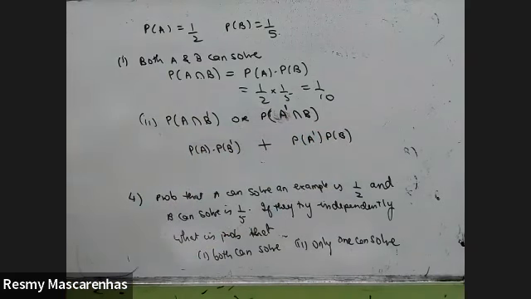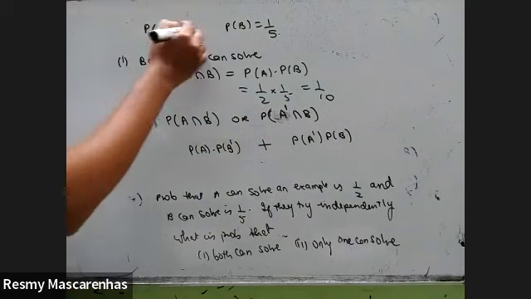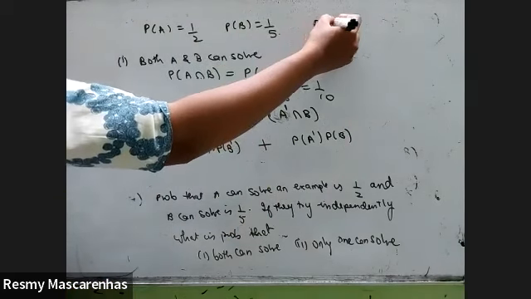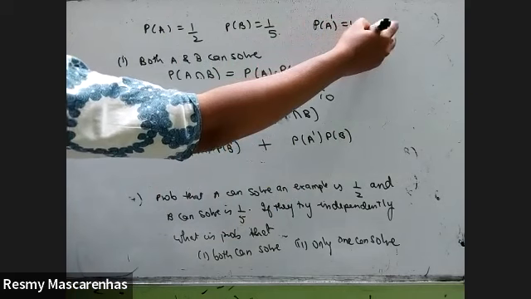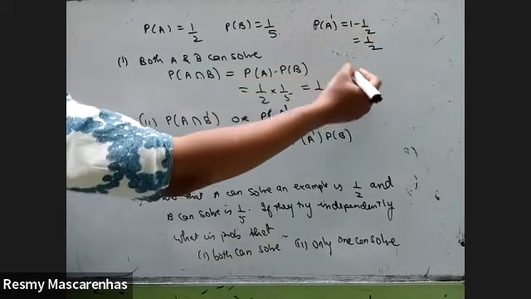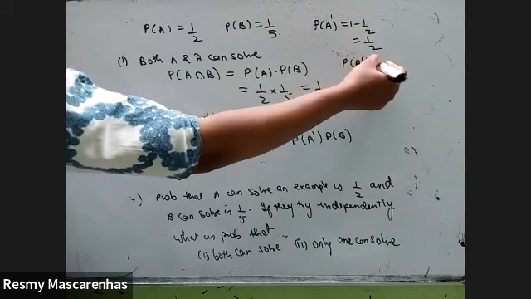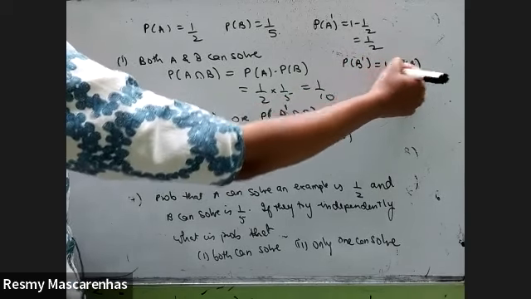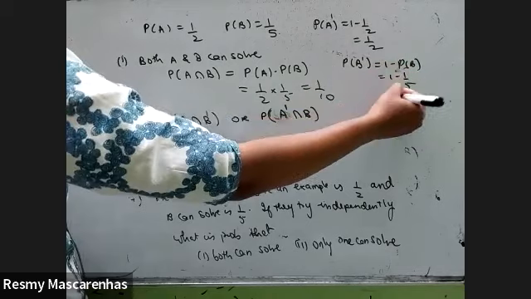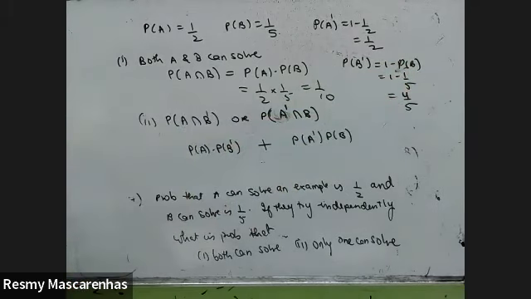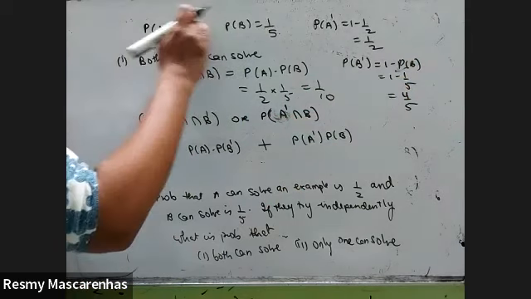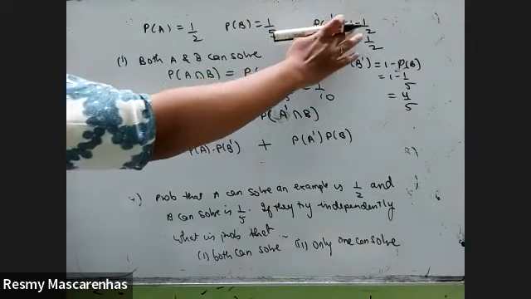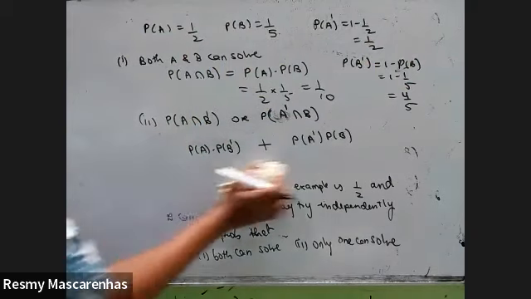What is P of A? A is given as this. So what is P of A complement? 1 minus half. That is also half. What is P of B complement? 1 minus P of B. So it is 1 minus 1 by 5, which is 4 by 5. Now put in the values. Anytime A and B is given, you want to find its complement, minus that number from 1.